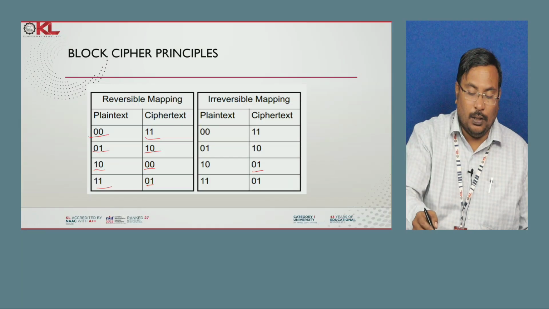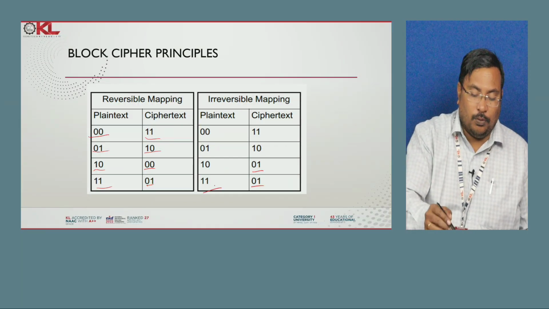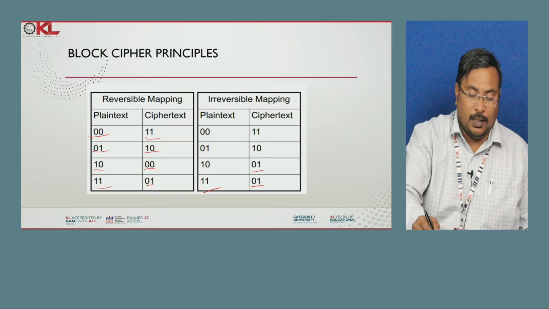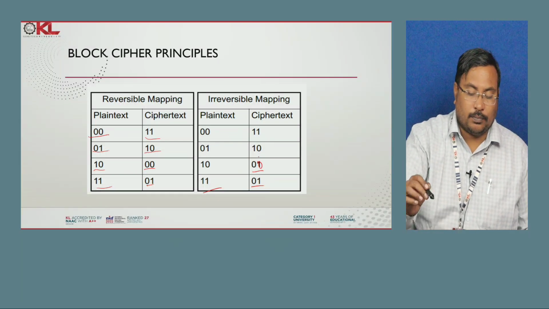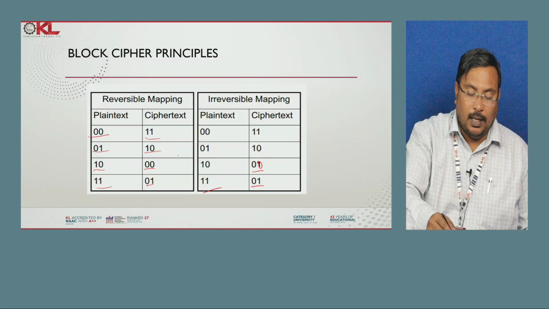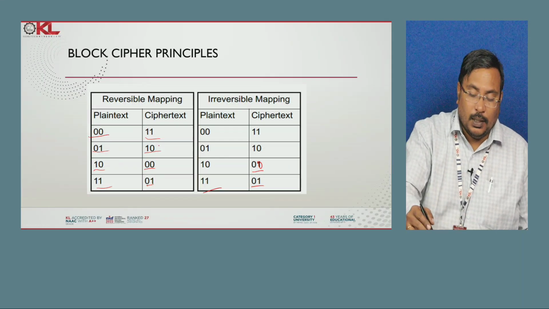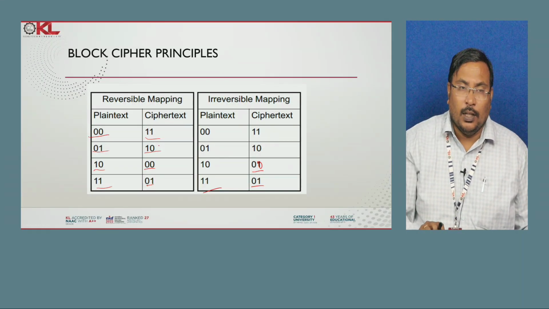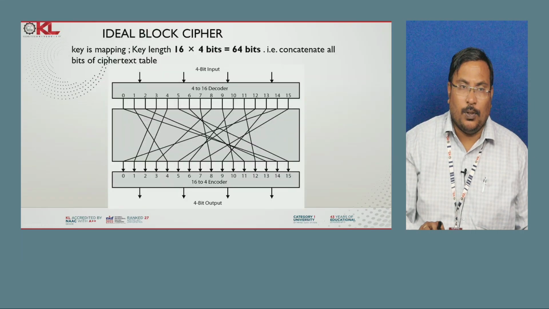So we specify this as the output. This one is 00, this one is 00. So you are getting 00 means here the value is 10 and 10, sorry. So this is the way we create the block cipher principles.